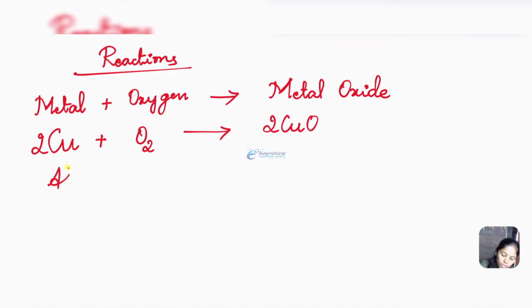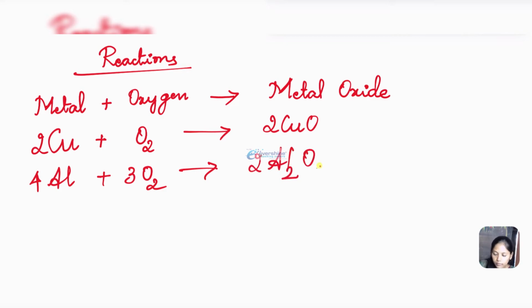Aluminium is a metal. Aluminium reacts with oxygen and forms aluminium oxide. So in general, metal reacts with oxygen and forms metal oxide.